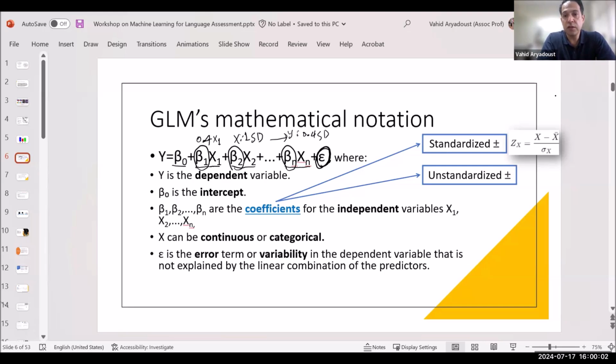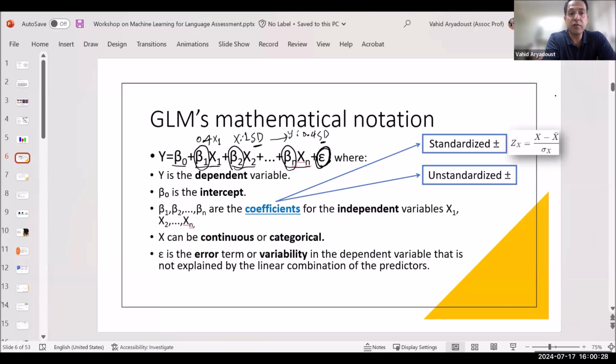On the other hand, if you are looking at the unstandardized coefficients, this is how you should interpret it. Let's assume that this 0.4 is actually an unstandardized coefficient. The way that we interpret it is very similar, but one word changes. To put it simply, the word standardized, SD, changes into units.